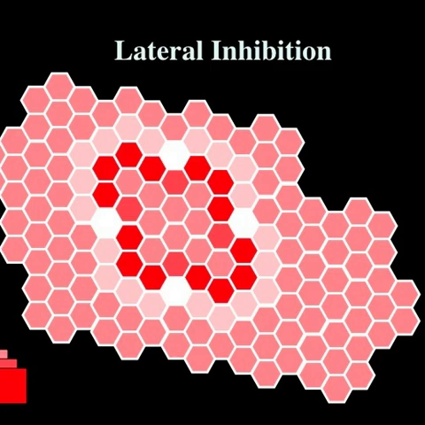And 2, as the area gets larger and larger, the number of areas that are altering their rate of action potential generation, and so effectively sending information to the central nervous system, increases linearly with the increase in diameter of this area of stimulation, whereas if the whole of the receptive field that was stimulated responded, the increase in information would be the square of the size of the field, because it's related to its area and not its circumference.